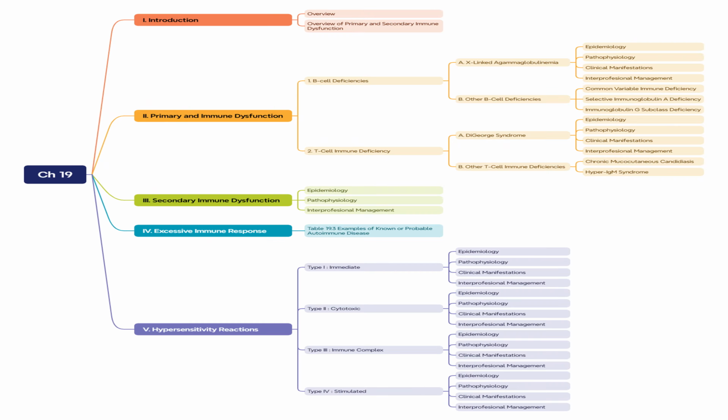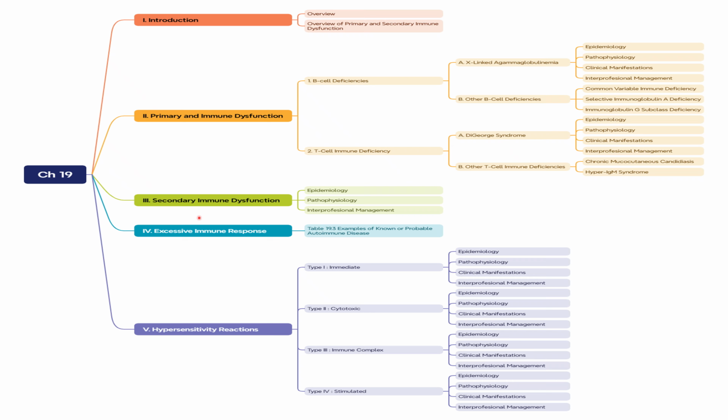A little bit of glitch on my part, but this is chapter 19. So this is the zoom out introduction. It talks about 2 overviews that I talked about already, and then I introduced the primary and the secondary. So you see the primary is B and T cells, and the B cells have these 2, and the T cells these 2.